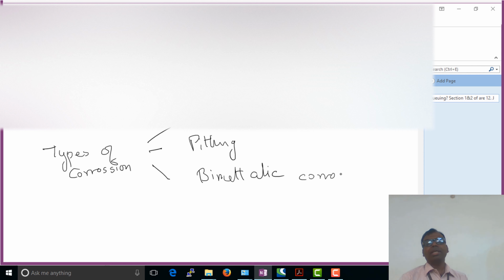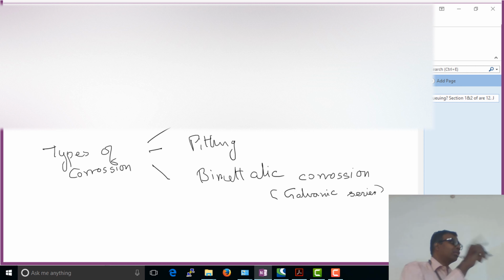Actually speaking, what is this bimetallic corrosion? If you have two metals which are separated from each other in the galvanic series, if two materials are very far apart, then they will start to undergo oxidation and reduction, which is essentially corrosion.